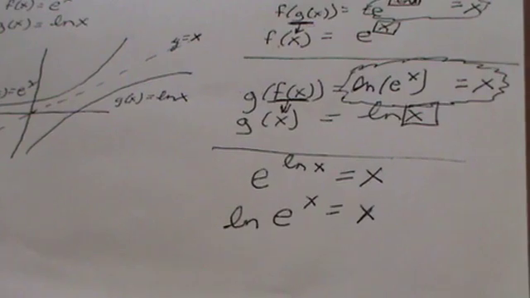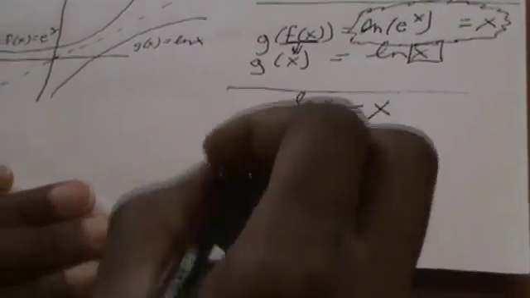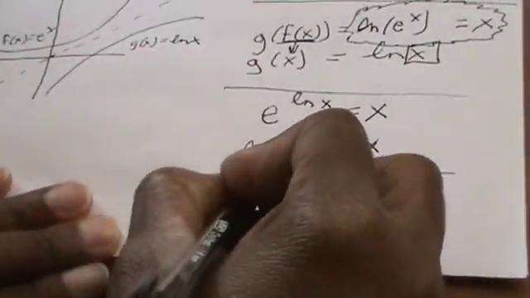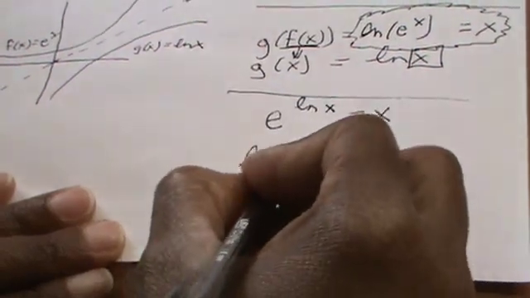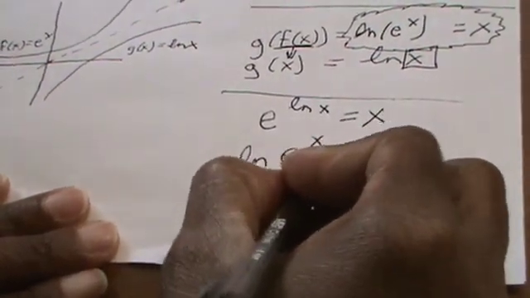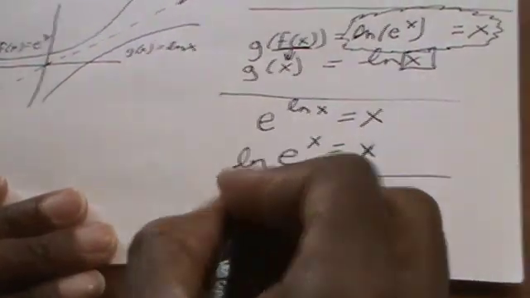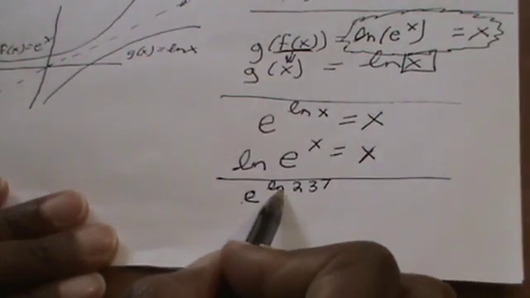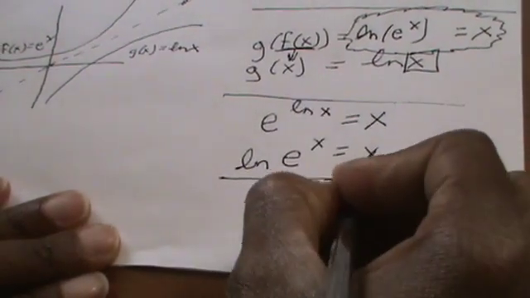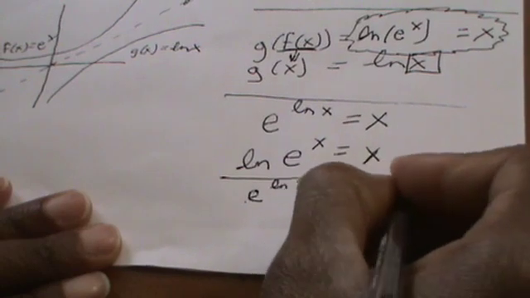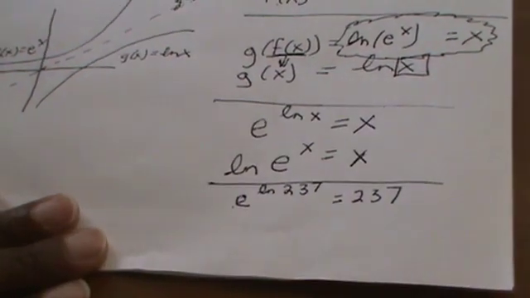For example, what would happen if we tried to solve for e to the natural log of 237? Well, the e cancels out the natural log, and your answer should just be 237, like that.